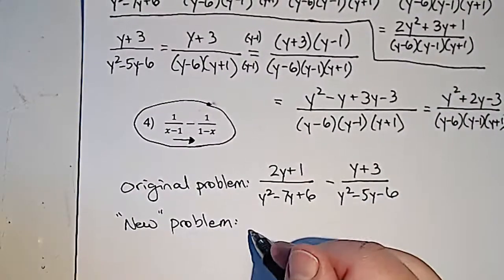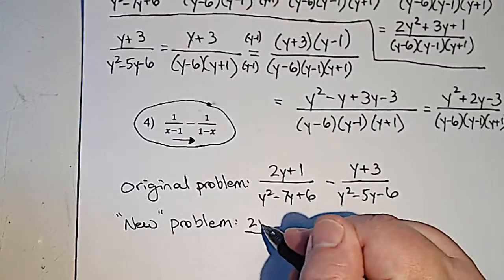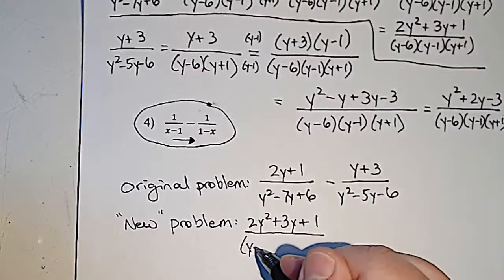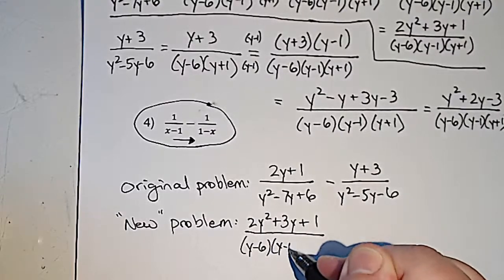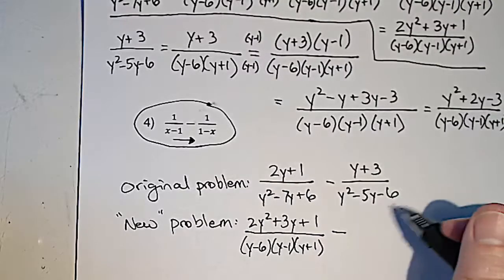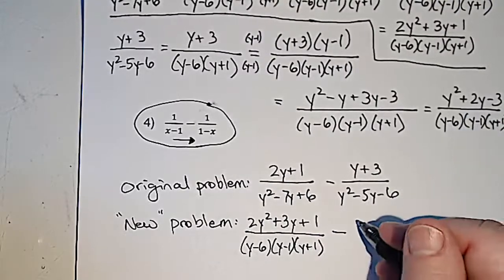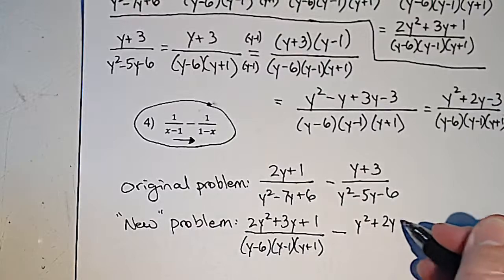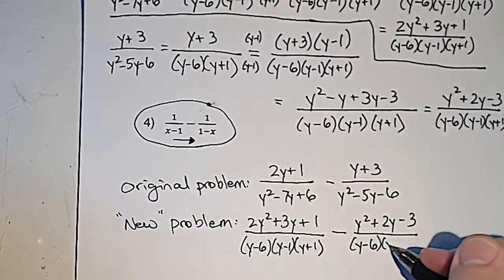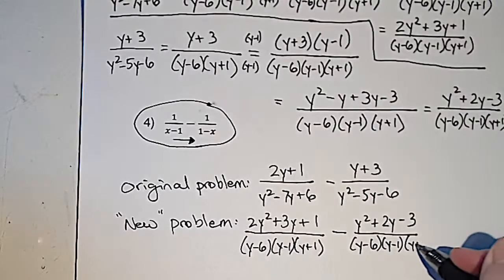We've got 2y squared plus 3y plus 1 over y minus 6, y minus 1, y plus 1, minus, up there, y squared plus 2y minus 3 all over y minus 6, y minus 1, y plus 1.